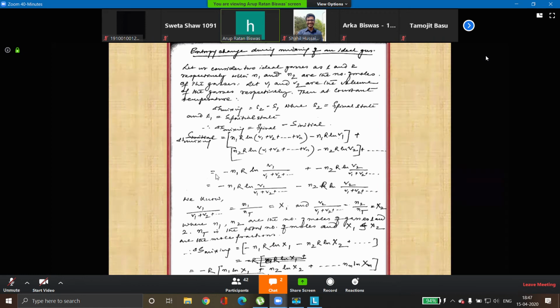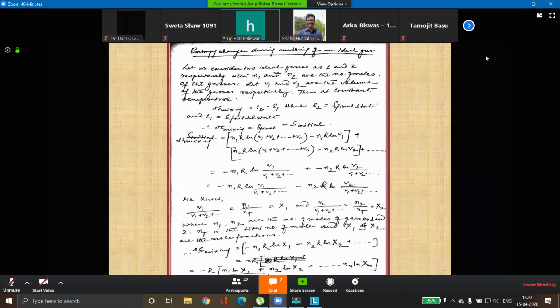Now this becomes minus N1. If you take N1 common in this equation, from N1 R ln V1 divided by V1 plus V2 plus so on, plus, from here it becomes minus N2 R ln V2 divided by V1 plus V2. Now, if you take minus over here, and minus minus becomes plus. We know that V1 divided by V1 plus V2 is nothing but N1, the number of moles, divided by the total number of moles.